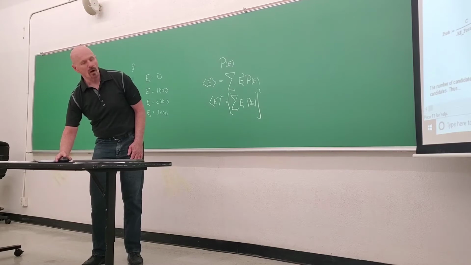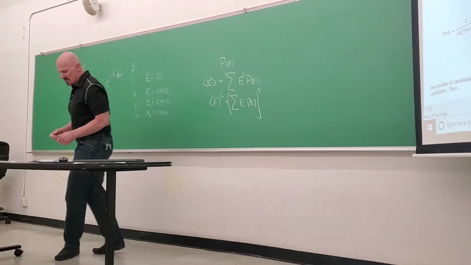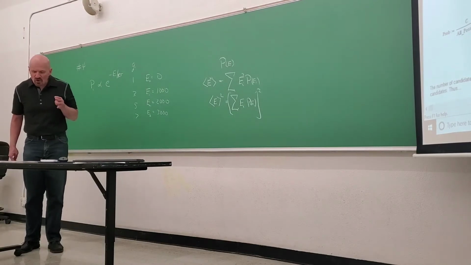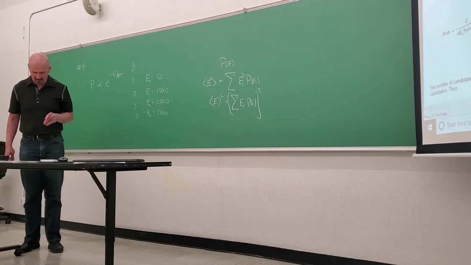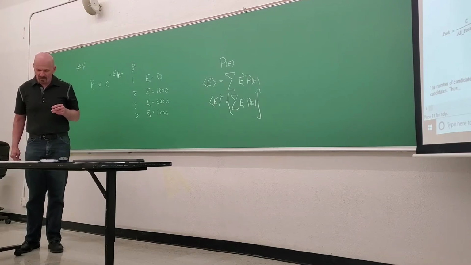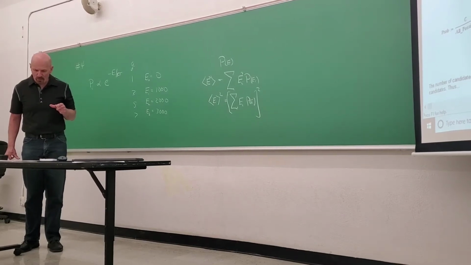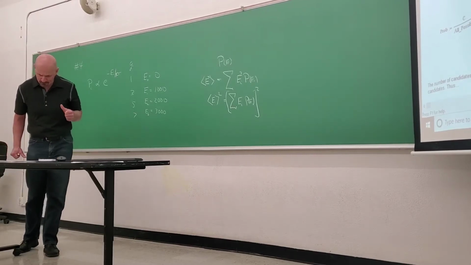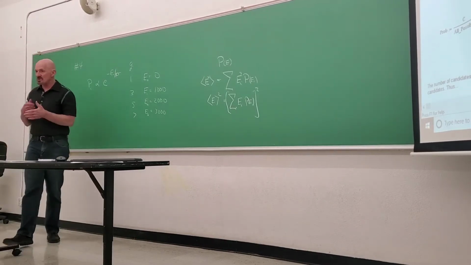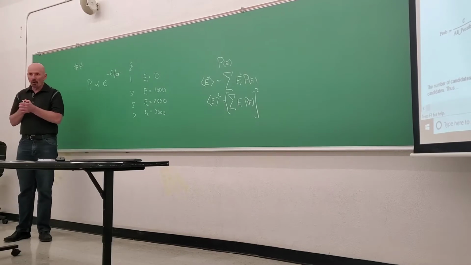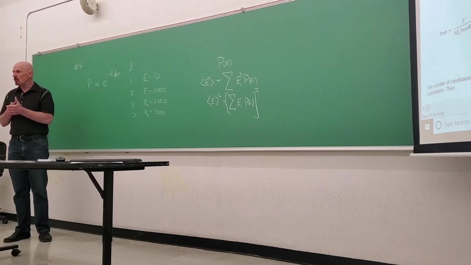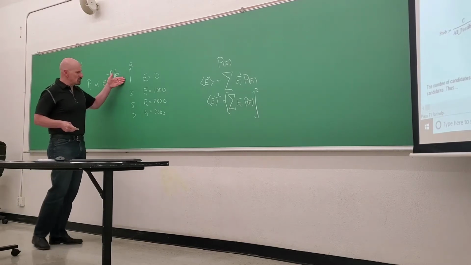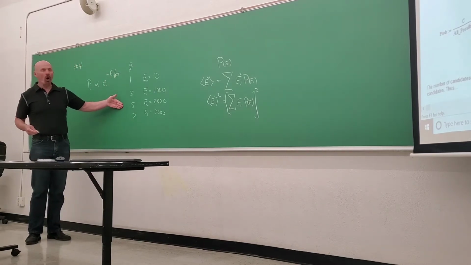All right, now let's go through the questions on this, because this illustrates all the stuff that we had done here. I want to evaluate the normalization constant at 298 Kelvin and produce a normalized probability for the system in state 1. In other words, I want to know the probability of finding a particle having an energy of 0. To do this, we need to add up all the probabilities.